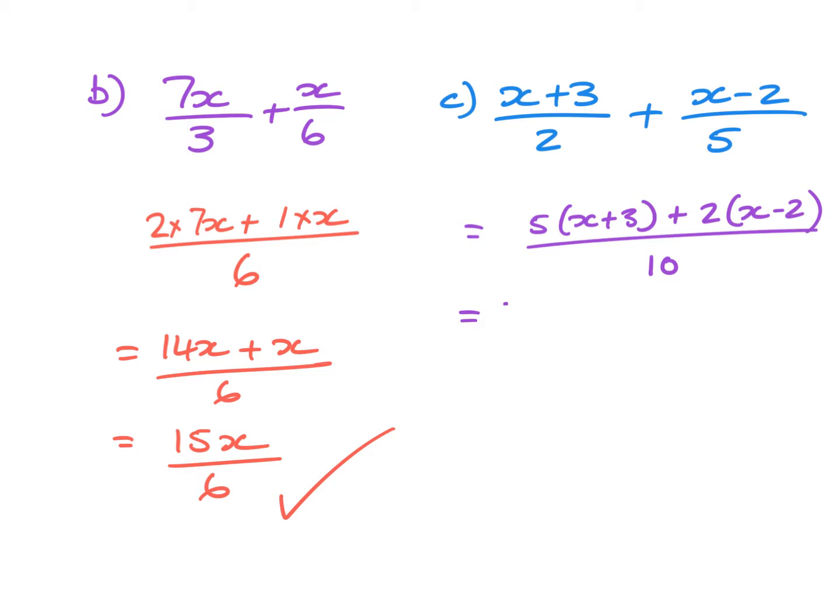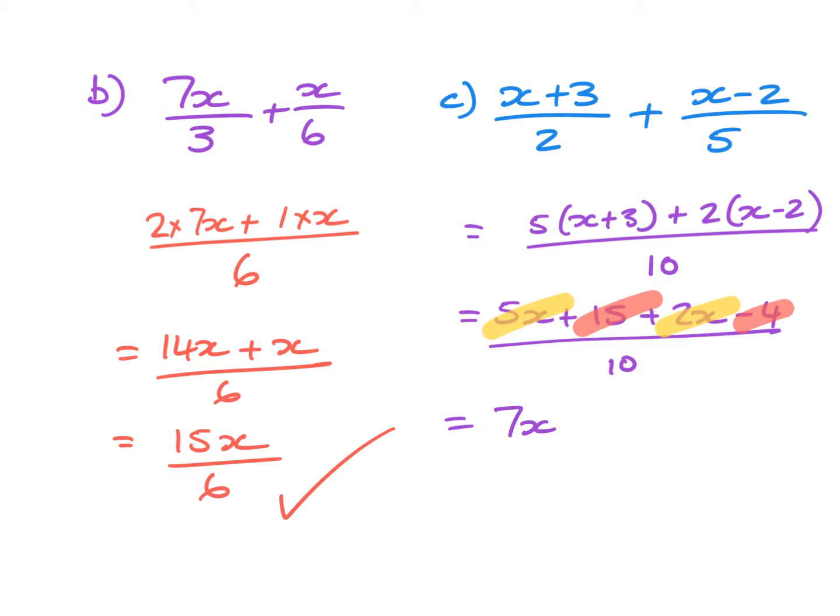So that'll give me 5x plus 15 plus 2x minus 4 all over 10. I can now collect some like terms, and that will give me the following. 5x plus 2x gives me 7x, and 15 take away 4 gives me 11 all over 10, and that would be my answer.